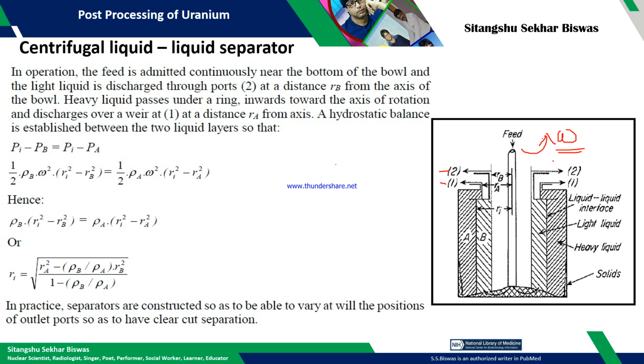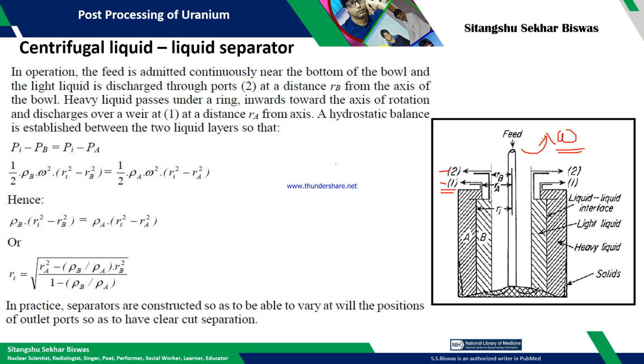Naturally the liquid of higher density will be collected through port 1, because once it is rotating at high angular speed, it goes away from the axis of rotation, and the liquid of lower density accumulates near the inner wall of the centrifuge.